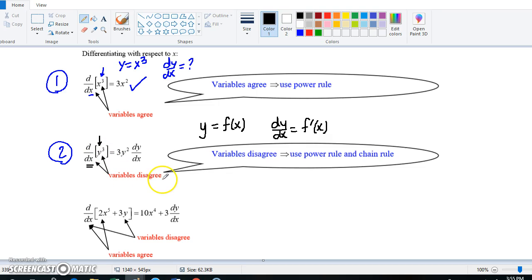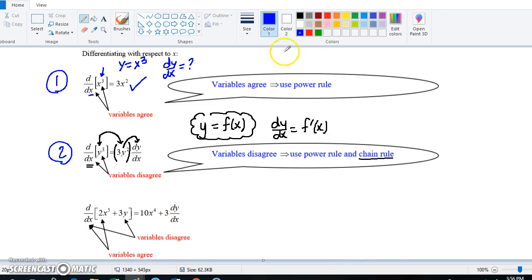When the variables do not agree, we apply the chain rule. So, what's the derivative of y cubed? That's 3y squared. I'm going to think about y being a function of x. So I have to apply the chain rule here and say I'm going to take the derivative of y with respect to x. So there's where the chain rule just happened.